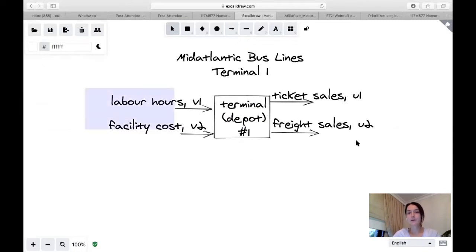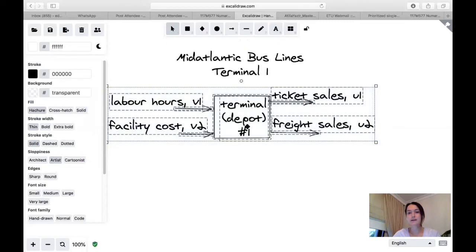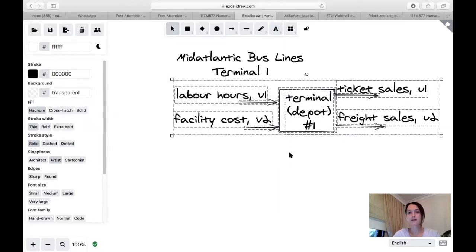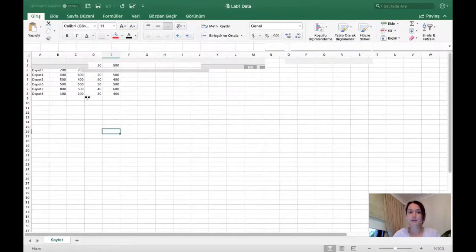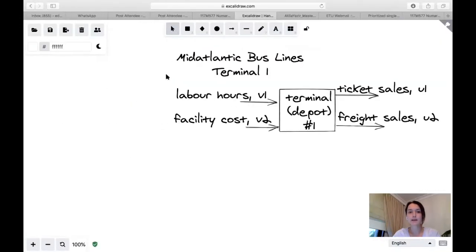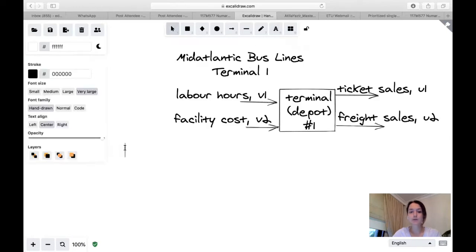Okay, now using these, let's write the LP model. Let me use this table as well. Now we need to maximize the efficiency of depot 1, where we express efficiency as the weighted sum of outputs: 700 U1 plus 300 U2. So we should add first the input constraints.